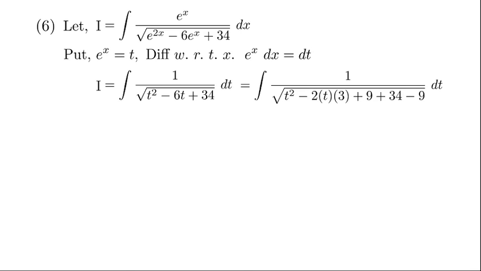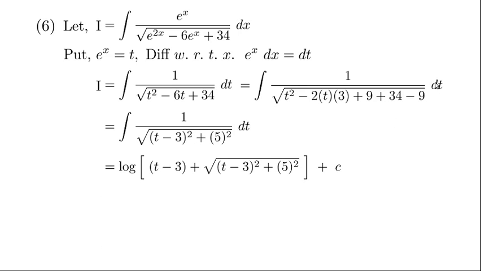So it becomes integration of 1 upon root of t minus 3 the whole square plus 5 square. That is, we have added and subtracted 9 here. So now this is the result, and therefore it becomes log of t minus 3 plus root of t square minus 6t plus 34, plus c.